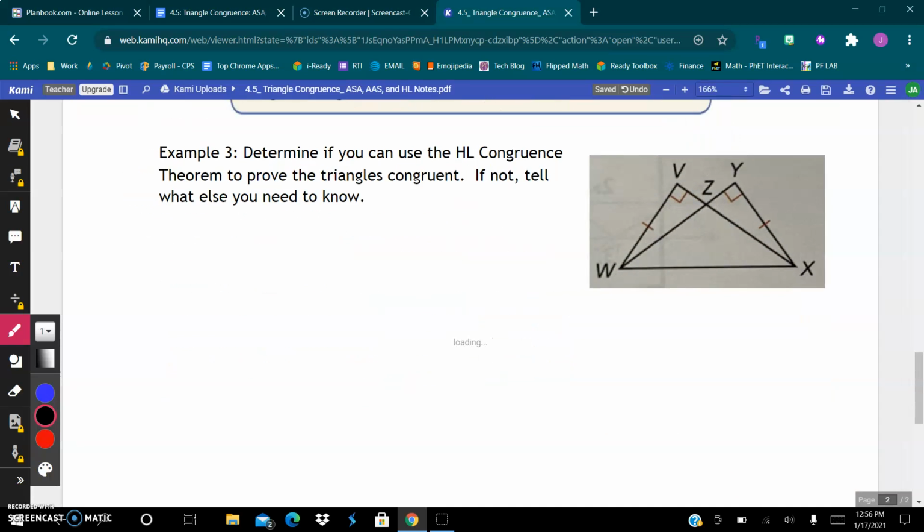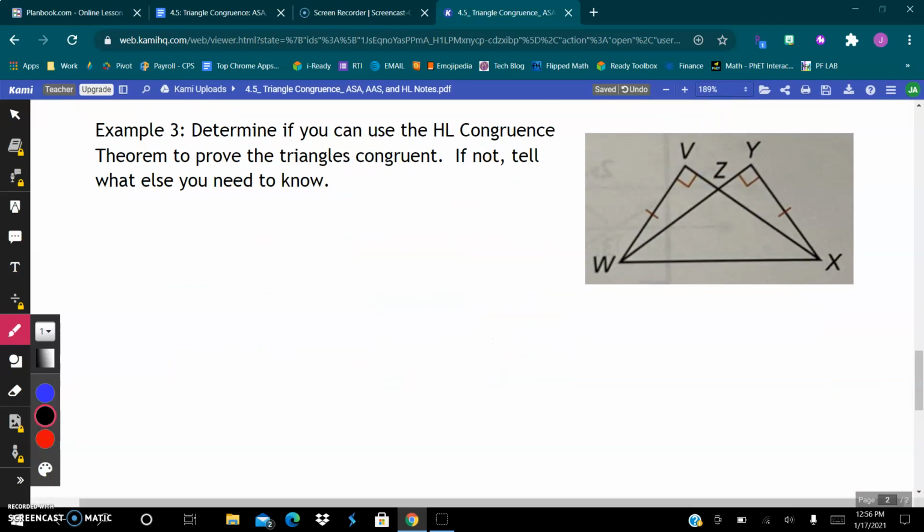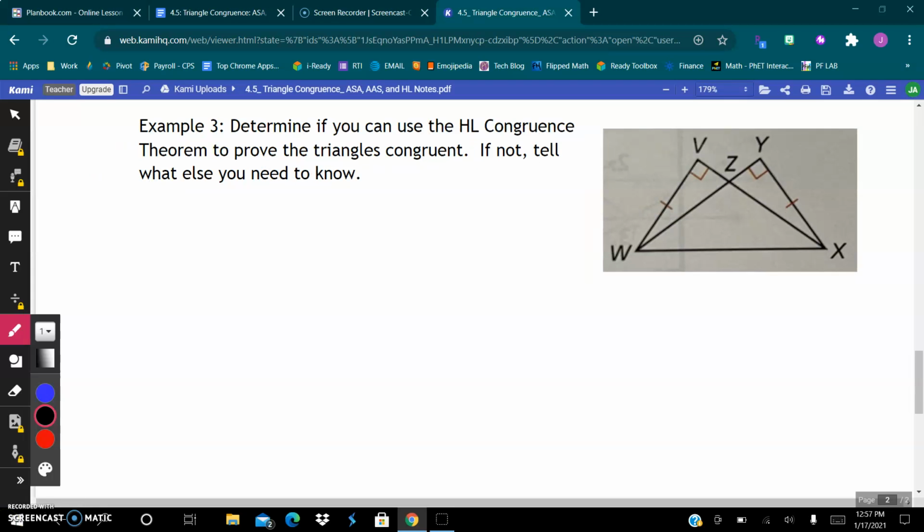So for example 3, we're going to look at this picture, and it says determine if you can use the HL congruence theorem to prove the triangles are congruent. If not, tell what else you need to know. Okay, so we are going to look at the 2 larger right triangles here.